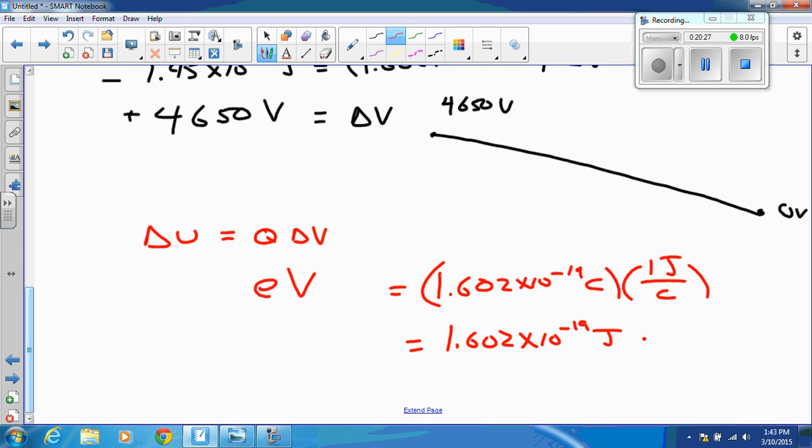So it's a very convenient way of accounting for energy when you're dealing with elementary particles like that. In fact, the people that run particle accelerators are going to be measuring the energies of those particles in kilo-electron volts or tens or hundreds of kilo-electron volts, maybe even a mega-electron volt.